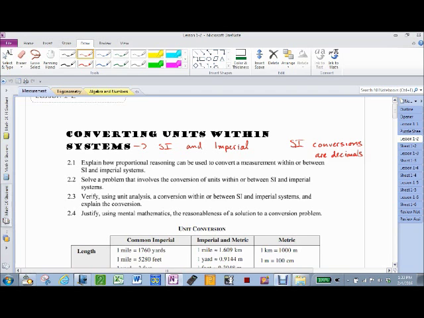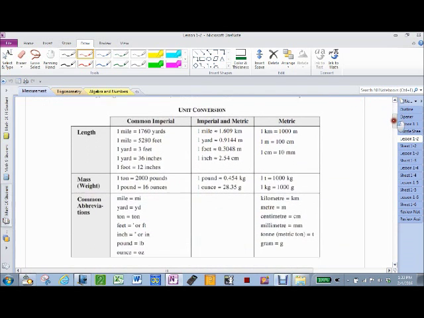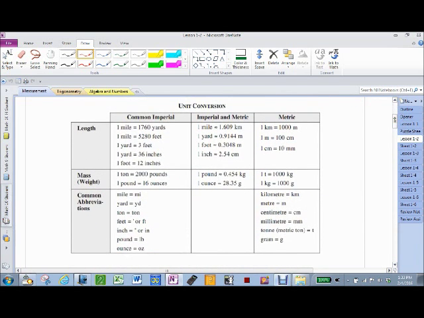Okay. So now I'm going to show you guys a little trick that helps with metric conversions, SI conversions. It doesn't help with imperial, all right? And it's also something that isn't on this sheet, all right? Now, remember yesterday when we were talking about measurements, we talked about millimeter, centimeter, meter, and kilometer, didn't we? That's what we always use, right?